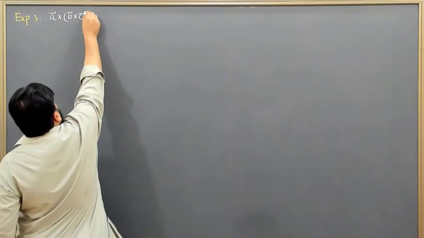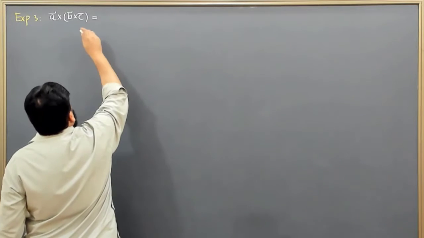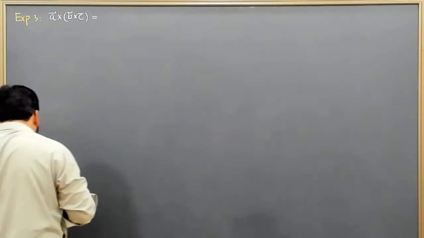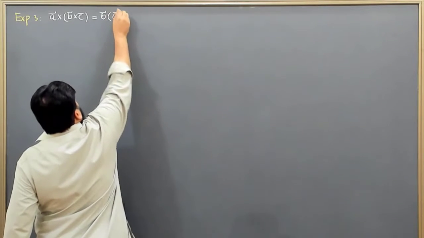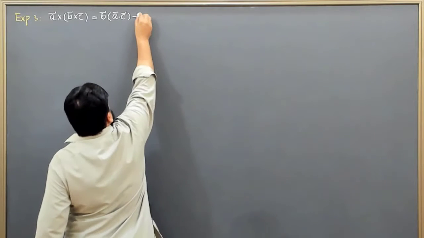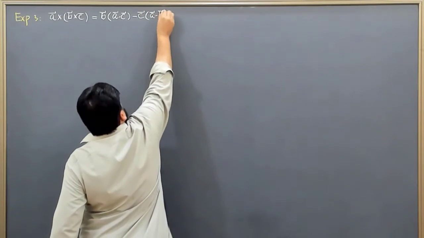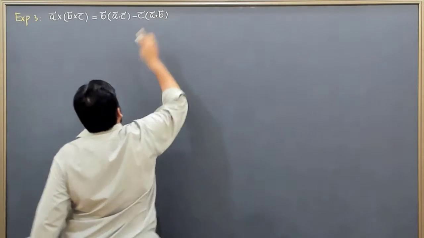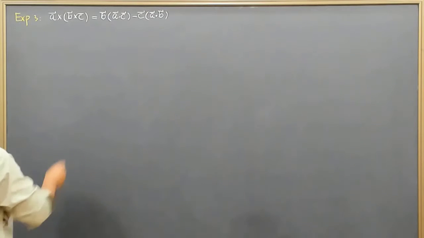We know the result of this, the BAC-CAB rule: this is B (A dot C) minus C (A dot B). We know about this. Now let's start with this one.